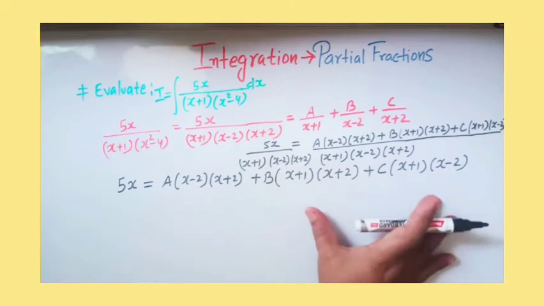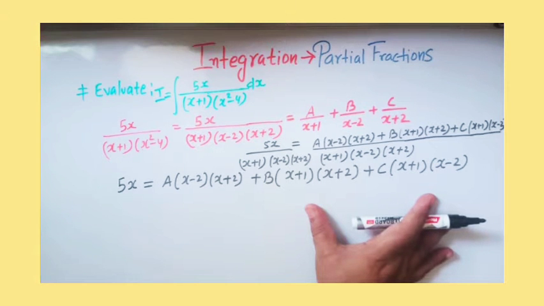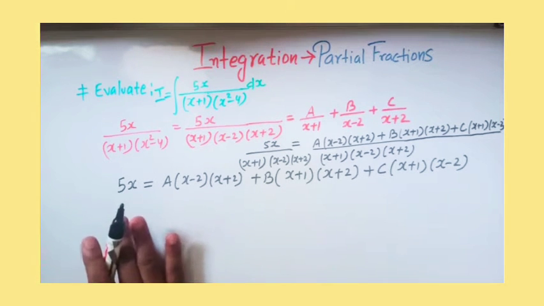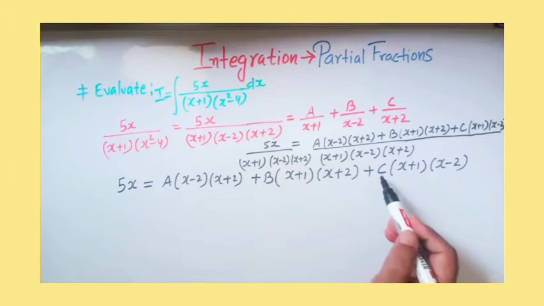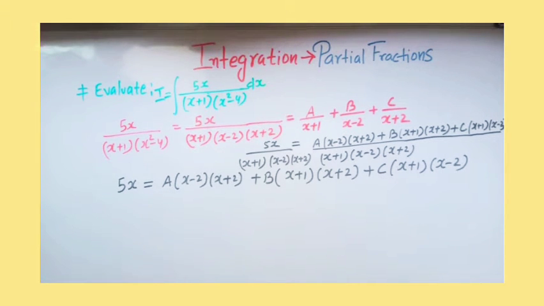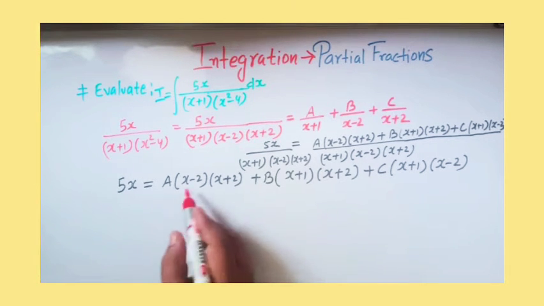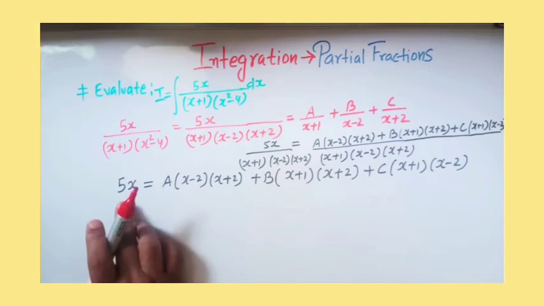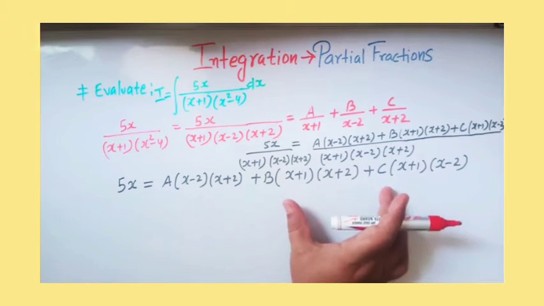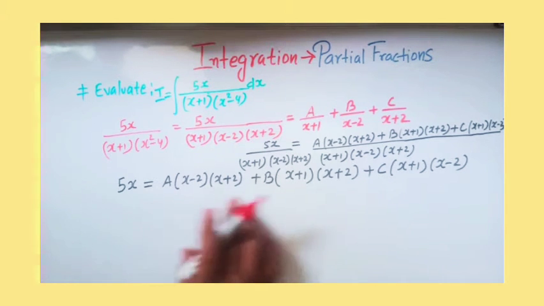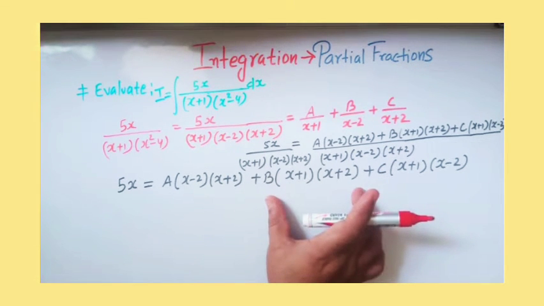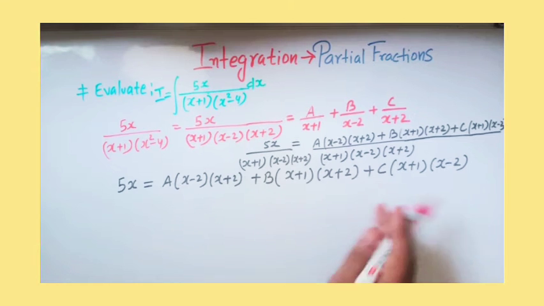Now from here we will find the values of a, b and c. Clear? So here we will take the method which we generally use. Since this expression can be taken as an identity, it is valid for all real values of x.